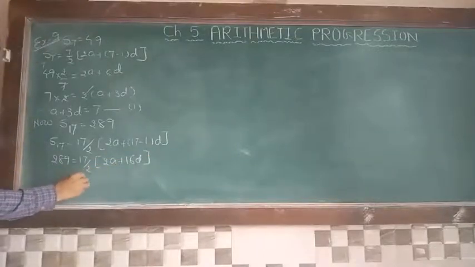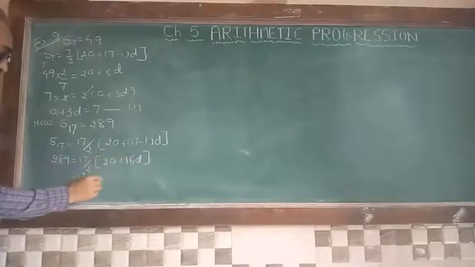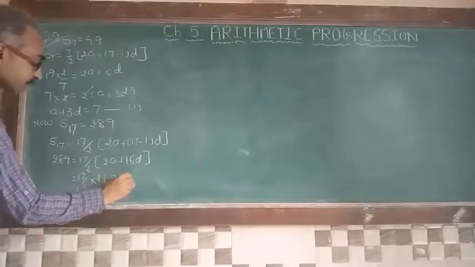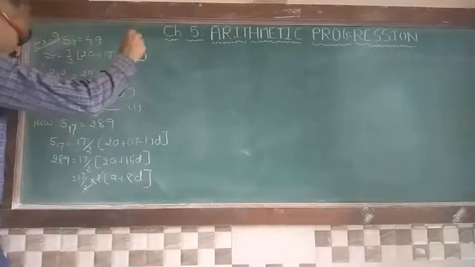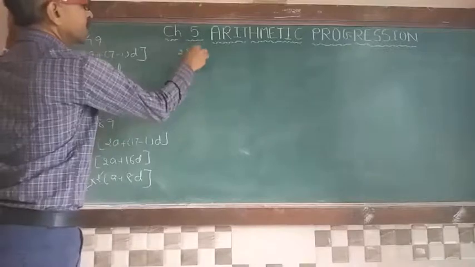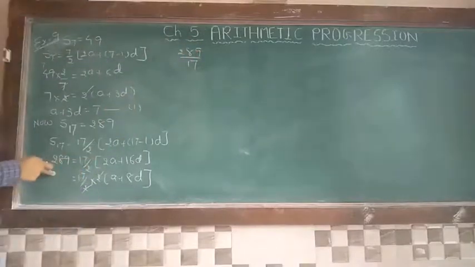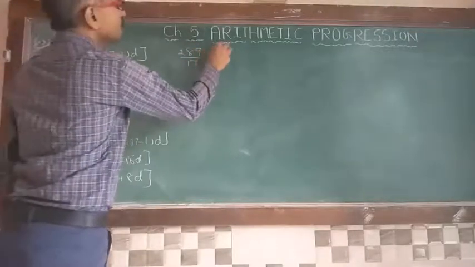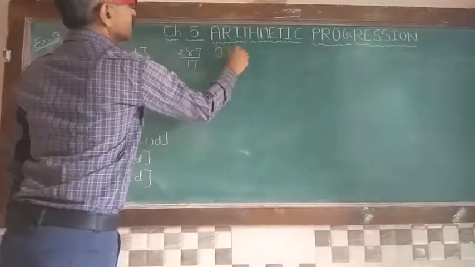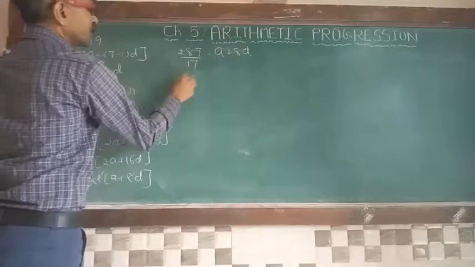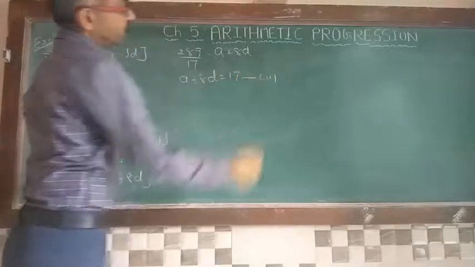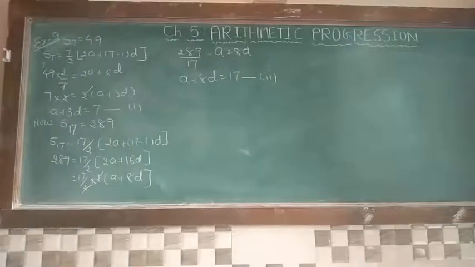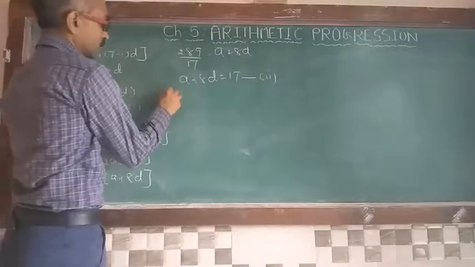Common out 2 from here. That means A plus 8D. 2 is cancelled out. So here 289 divided by 17 is equal to A plus 8D. That means A plus 8D is equal to 17. That is your second equation. Now subtract equation number 1 from equation number 2.